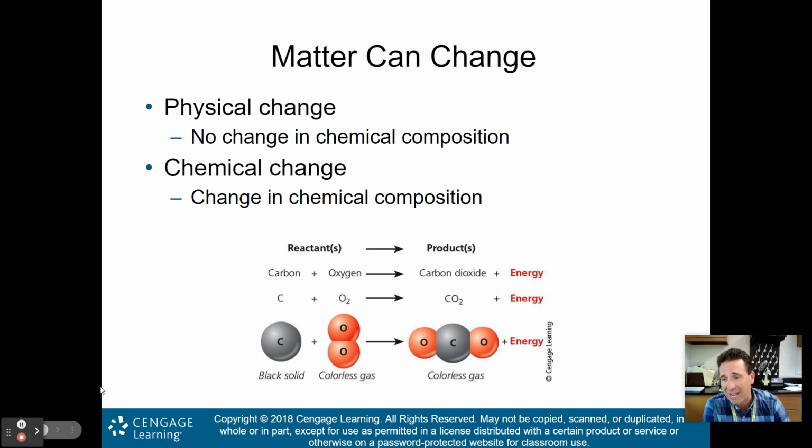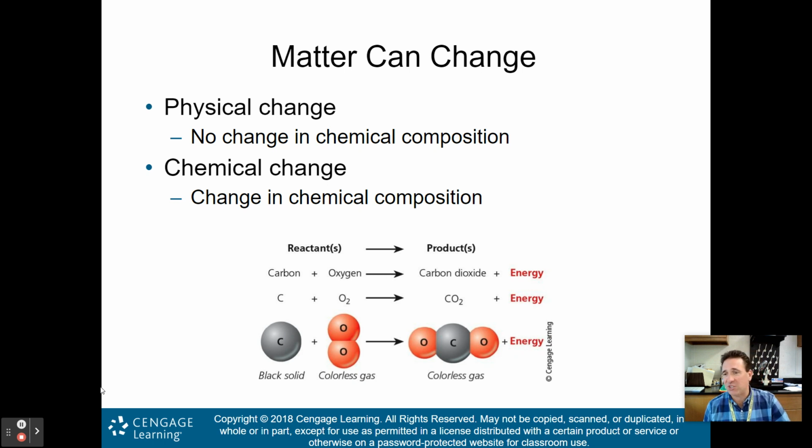Matter can change, right? We've talked about this a little bit. You guys, I'm sure, have done this in previous science classes. If we have a physical change, well, no change in the chemical composition, right? A rock breaking in half is a physical change, but it's still that rock. Maybe it's granite, maybe it's obsidian, some other form of rock, right? If it breaks in half, it doesn't change its chemical composition, so we call it a physical change.